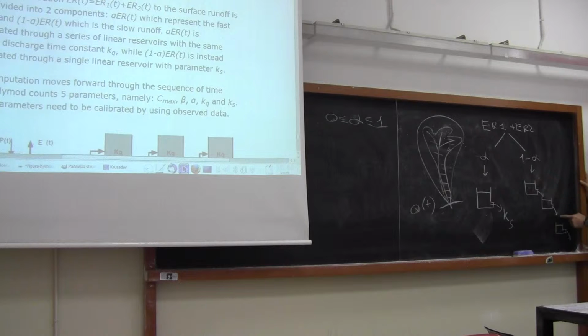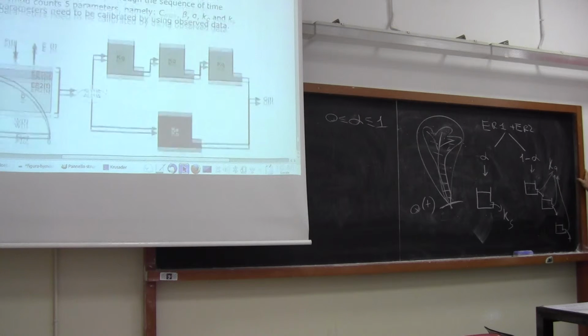So 1, 2, 3 linear reservoirs, and the constant is the same for all of them. The constant is Kq. And the scheme is depicted here.